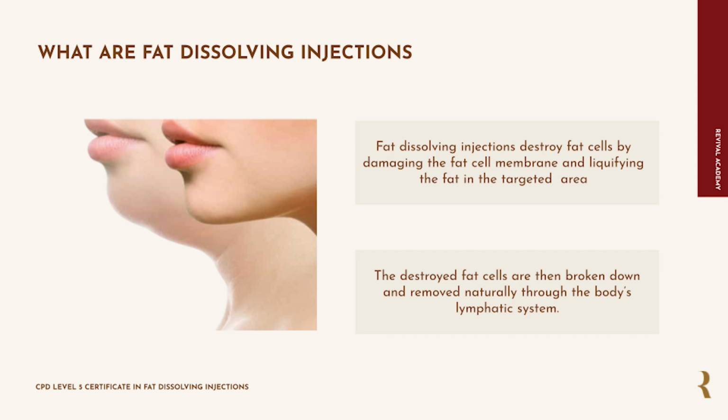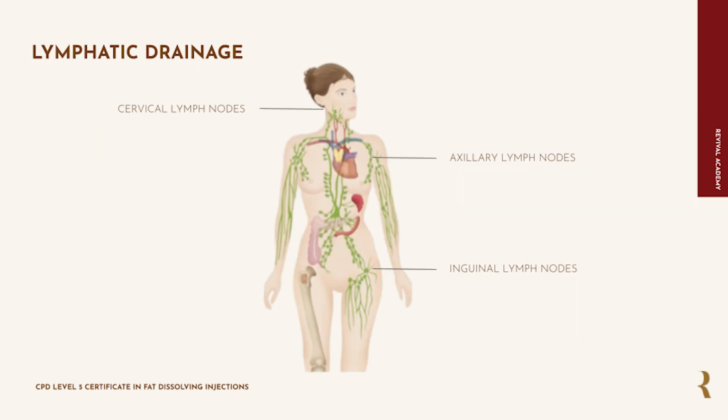The lymphatic system is really important, and as you can see, you have three main points when it comes to lymphatic drainage. You have lymph nodes all over your body, but these are your three main ones. Why do you need to know that? Whenever you are treating a specific area with fat dissolving, you always need to consider where the main lymph nodes are, as that's the place your fat cells would have to flush out through.